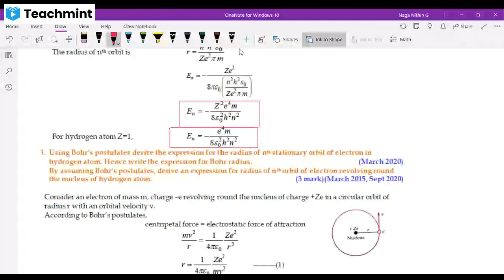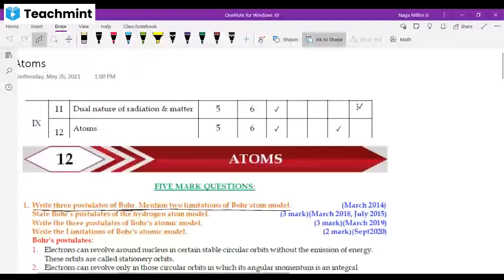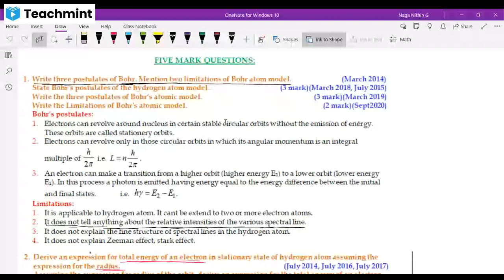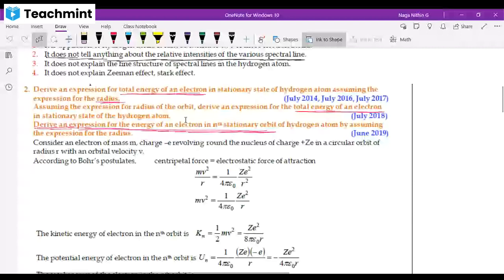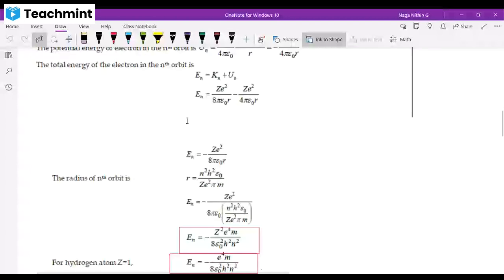What you have to remember from this chapter: totally 6 marks are coming. In that, one 1-mark question will be there, and one 5-mark question will be there. 5-mark theory questions, 3 are there. What are they? First question: 3 postulates of Bohr and 2 limitations of Bohr's atomic model. That is one question. Second question: total energy of the electron in the nth orbit, in the same way energy of the hydrogen atom.